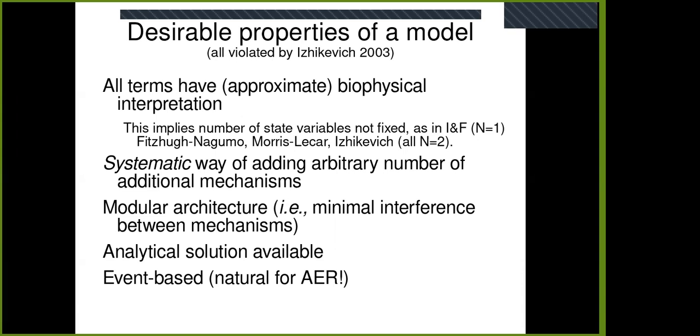And well, of course, if we can get an analytical solution, that would be great. And this is the answer to your question. Because if we have an analytical solution for our differential equations, then we can do event-based computation. That means we always start with initial conditions, and then the iterative way, as I said earlier, you go from t to t plus delta t plus 2 delta t and so on.